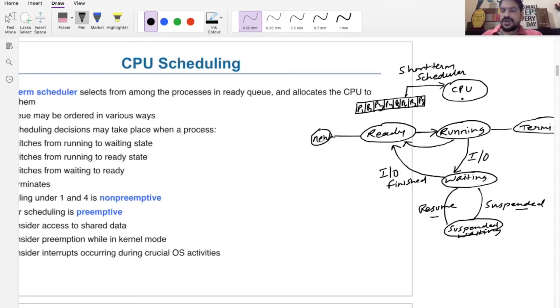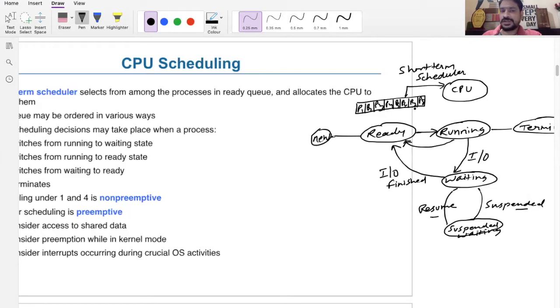Now, as I told you, here we have another term which is called the dispatcher. Now what will the dispatcher do? The short-term scheduler will make the decision on which process will go to the CPU. The dispatcher will actually do the change of state.